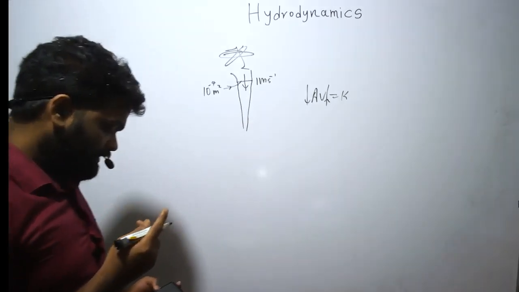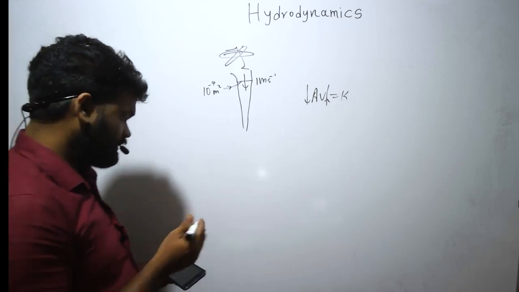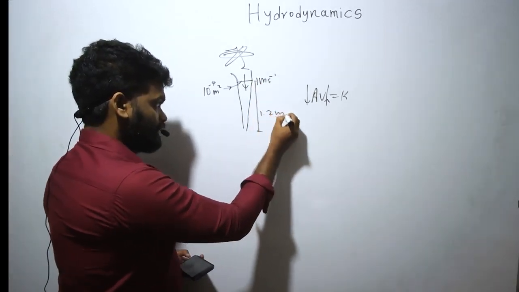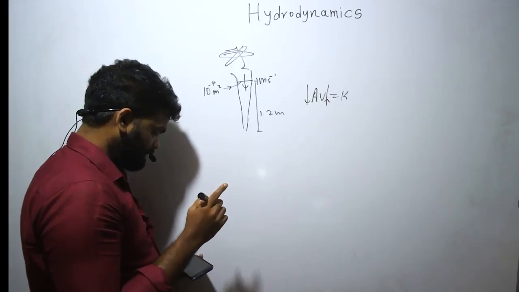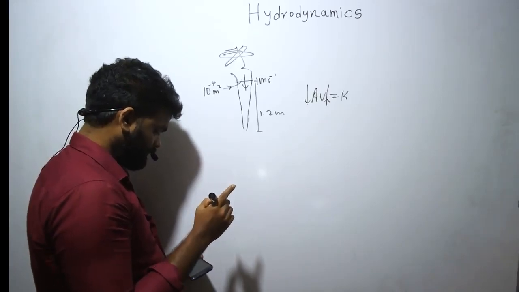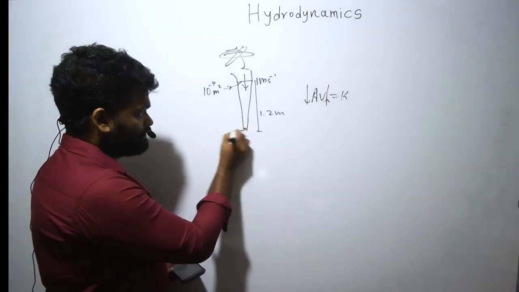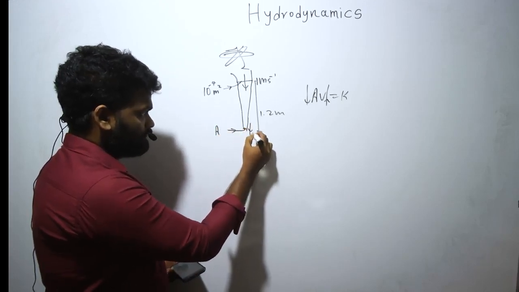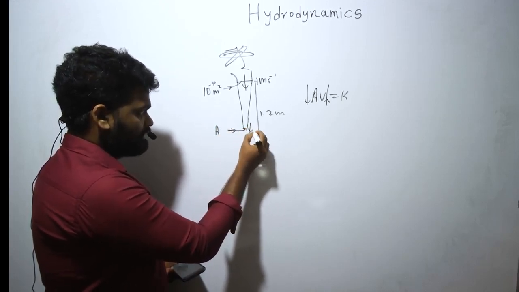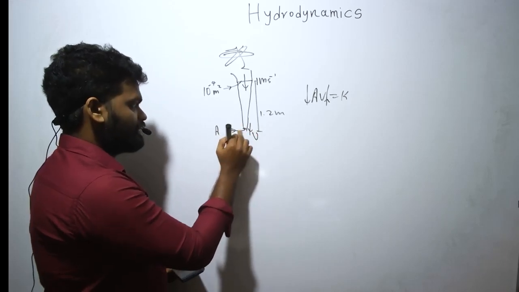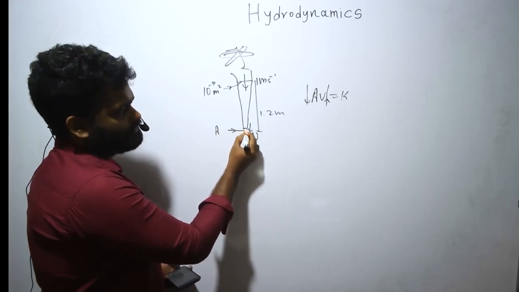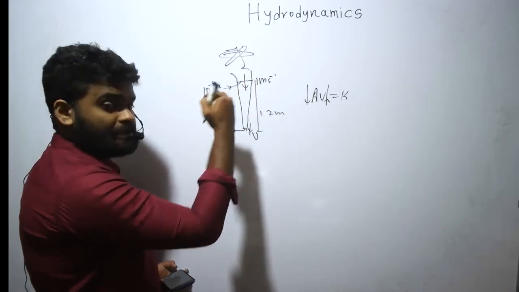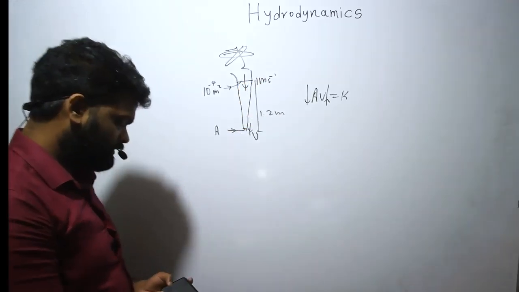So what they ask is the cross sectional area, let's say A, of this water flow 1.2 meters below the tap, where they have given the velocity V, right?